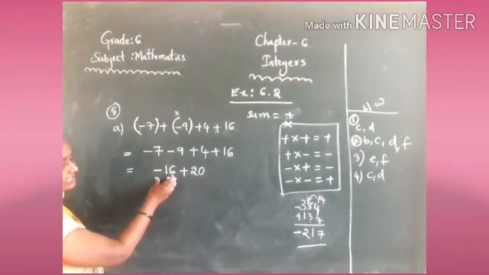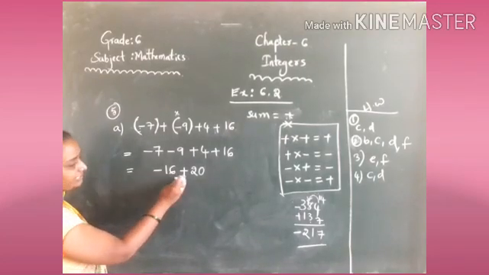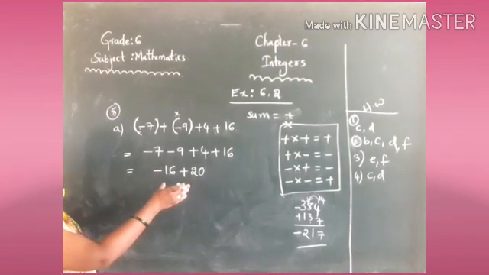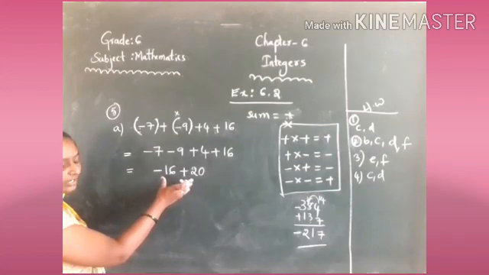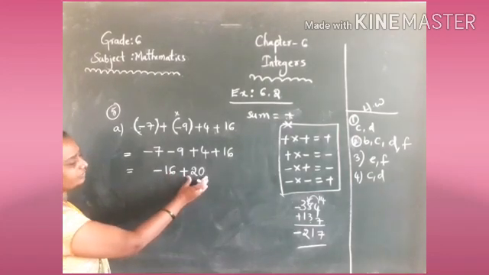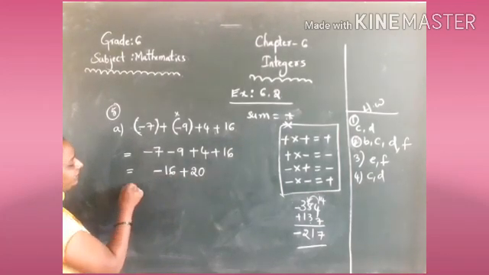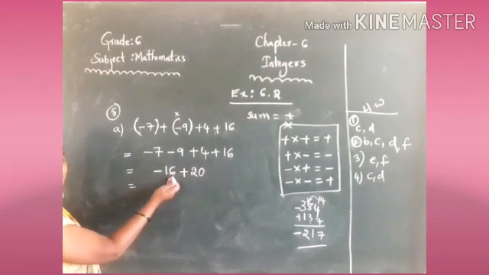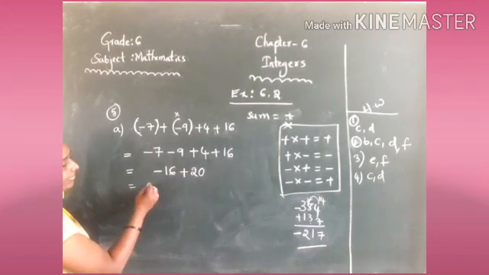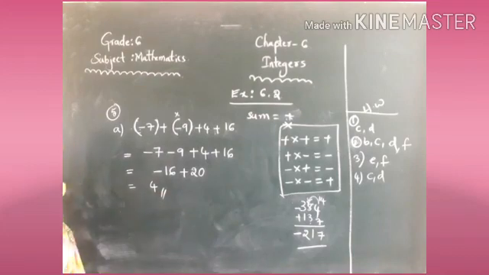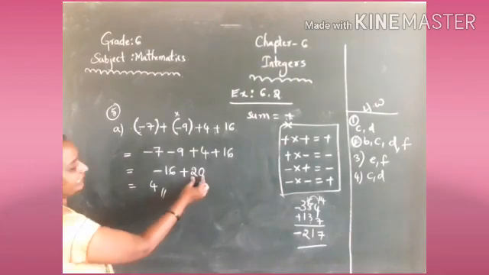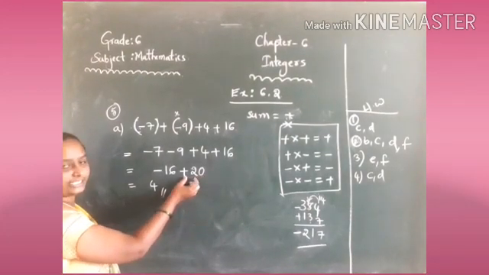Plus 20 minus 16. Here minus and plus. Different signs are there. Okay. So you have to subtract from 20 to minus 16. It gives 20 minus 16 is equal to 4. Okay. So a greater integer, it contains plus.